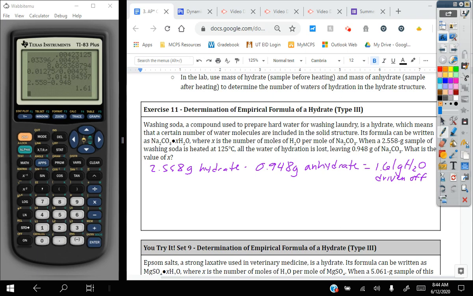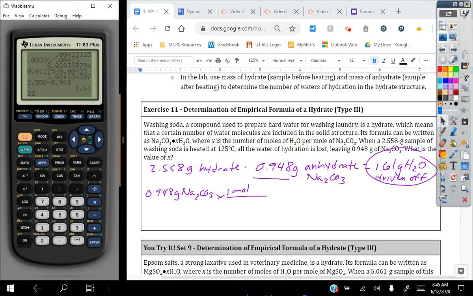Now, the other thing to recognize is that I wrote anhydrate, but really this is our Na2CO3. So what we're going to do is convert both of those masses to moles. 0.948 grams of sodium carbonate, and then 1 mole on top. And then for sodium carbonate, we have to find its molar mass.